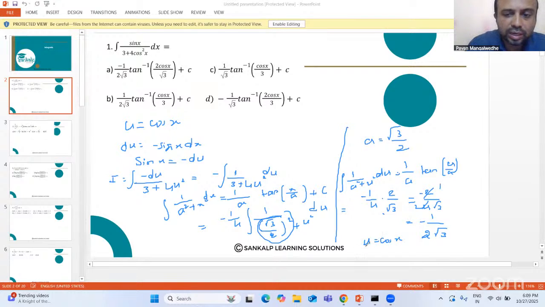So just substitute in the expression: I is equal to minus 1 by 2 root 3 tan inverse of, wherever u is there, 2 cos x upon root 3, plus c. So option A is the answer. Option A is the answer for this.